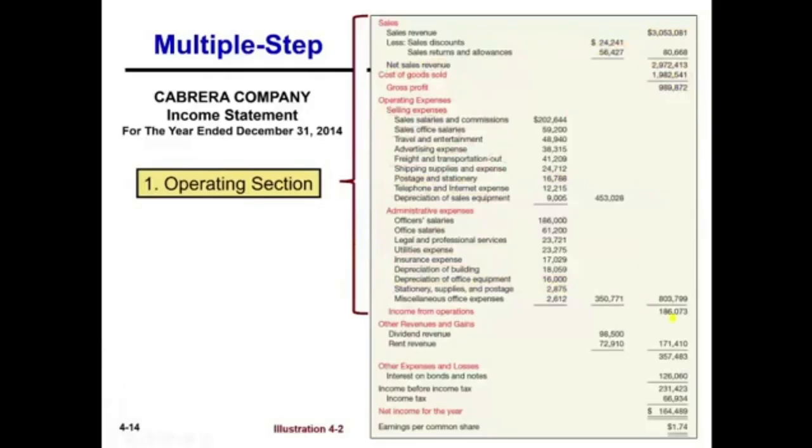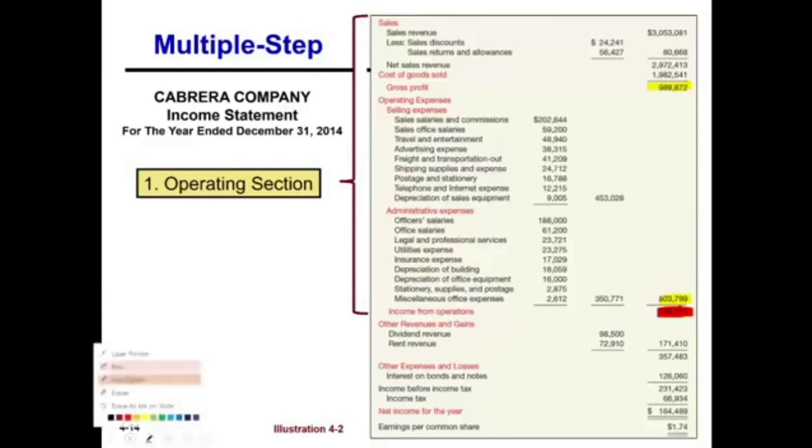And again, this section will take gross profit minus selling and administrative expenses, gives us income from operation. Once again, this is an important number because this tells us if the company is operating their business and they are making profit from their central ongoing operation.